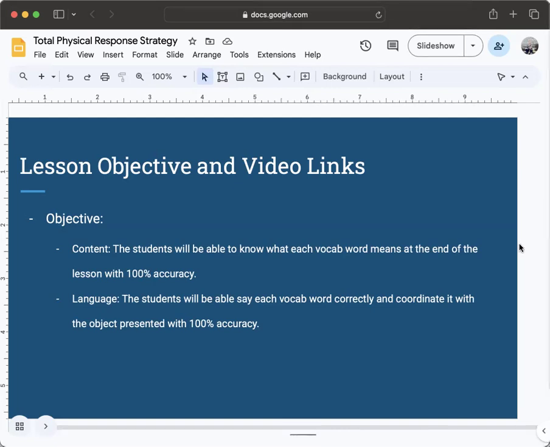The whole point of the total physical response strategy is to use these body gestures, facial expressions, and props to help the students learn by seeing what their brain is trying to figure out. Your brain is a link between your speech and action, so I want them to boost their language.